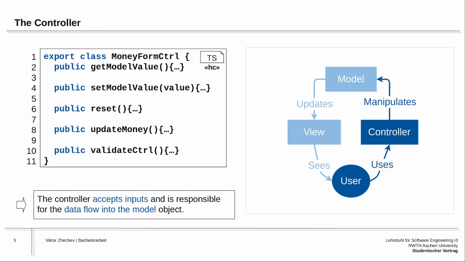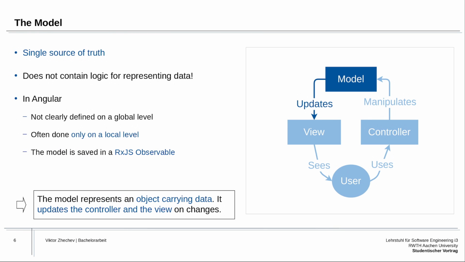Then we must make sure that we have a so-called controller in place, which can take upon the user's input, validate its values, and also save them. And finally, we have the model. There, we store all of the application's data, including the user's input and some metadata about the application, etc. The function of the model is, when a change in itself occurs, to update the view and the other components.